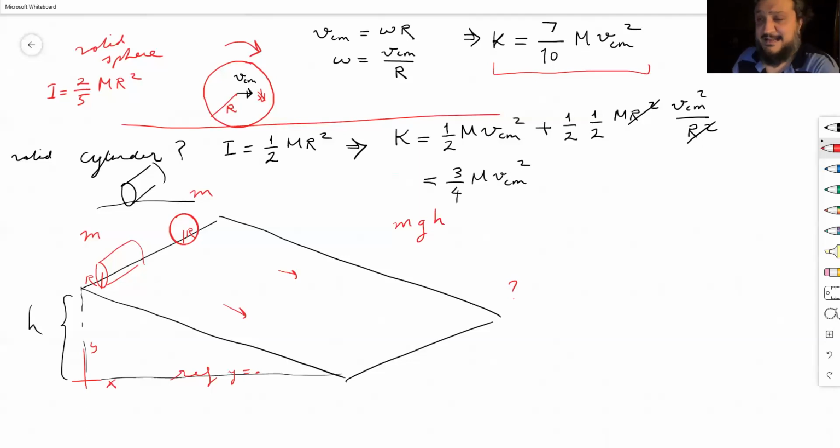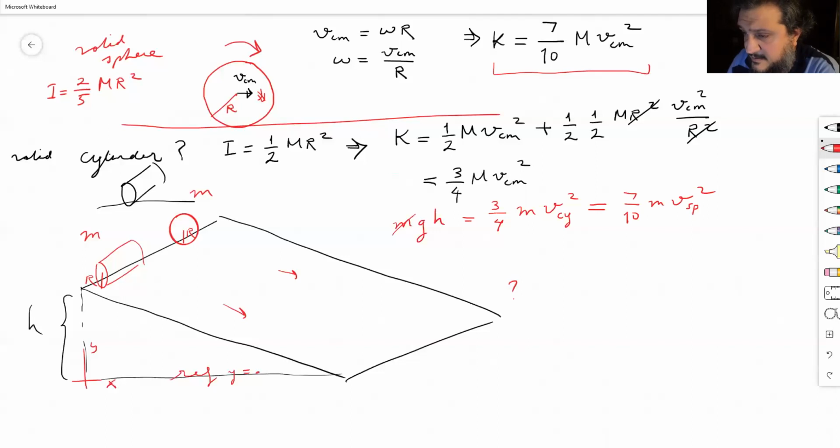Instead, we have now kinetic energies. So the cylinder will have 3/4 m v cylinder squared. Now, when the sphere reaches the bottom, it's going to have the same energy, only written differently. It's going to be 7/10 m v sphere squared. All right, now just compare these two.